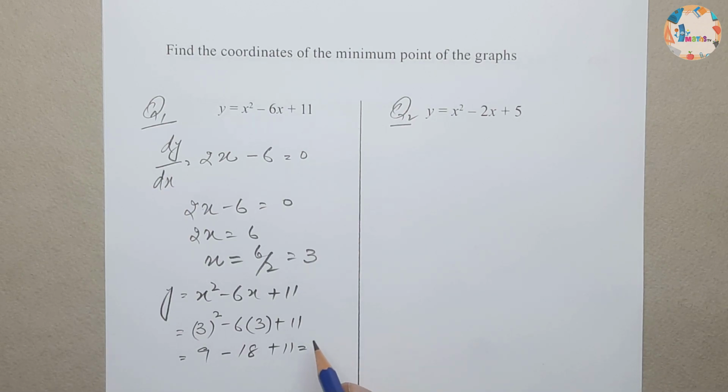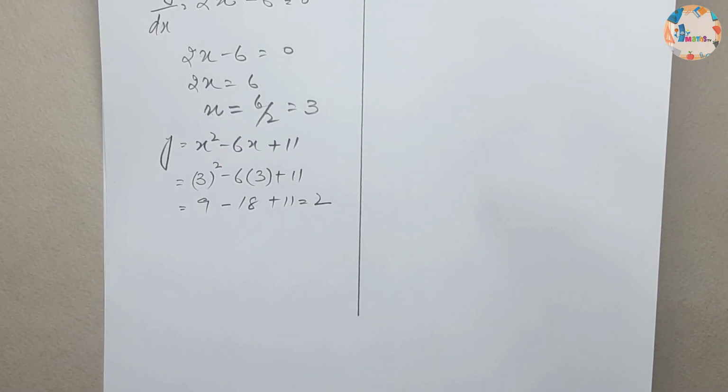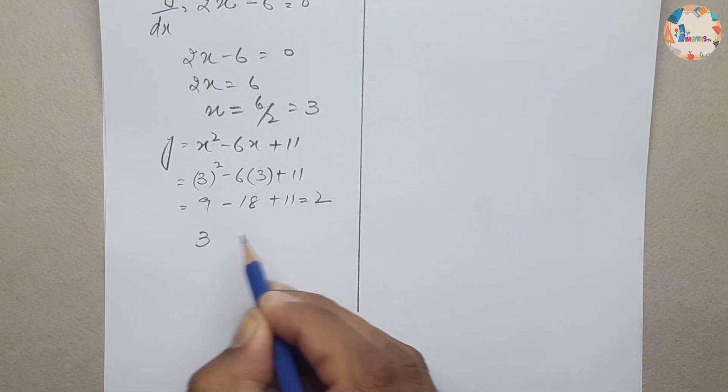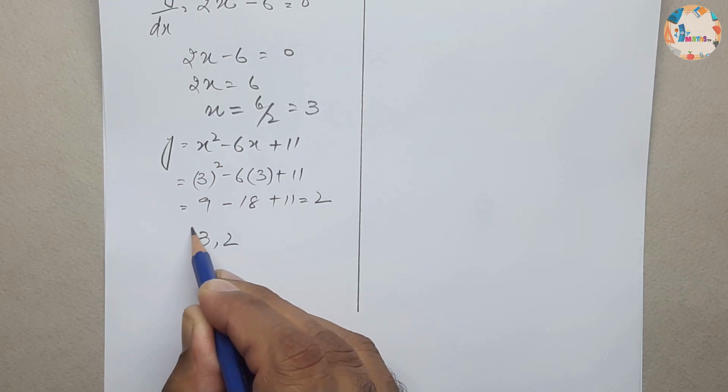So we can write here 2. Our point will be the x value first, so x value will be 3 and y value will be 2.